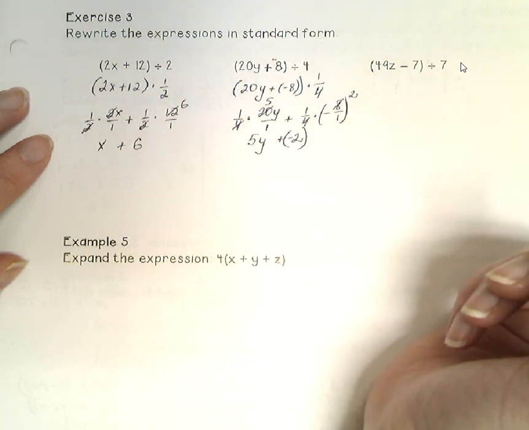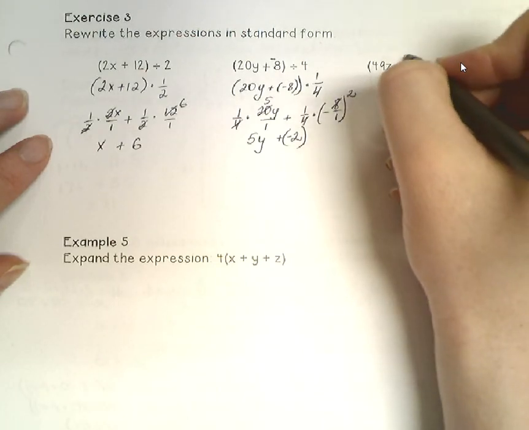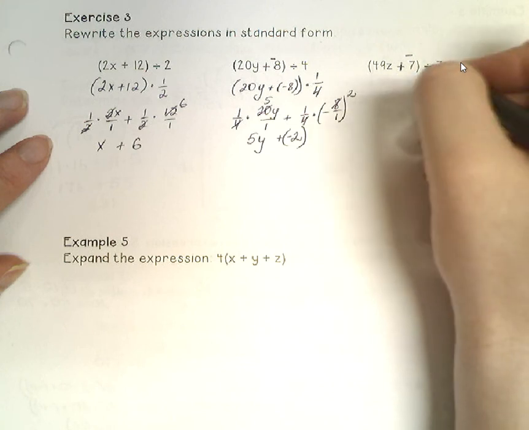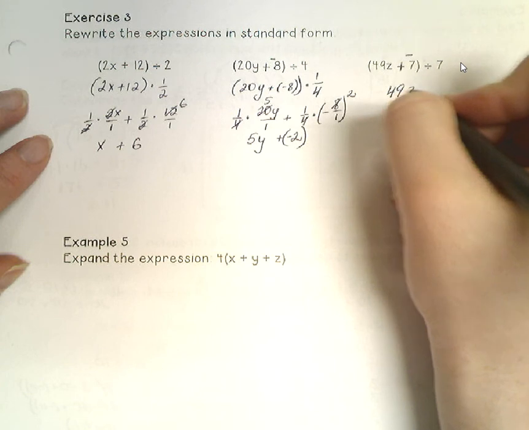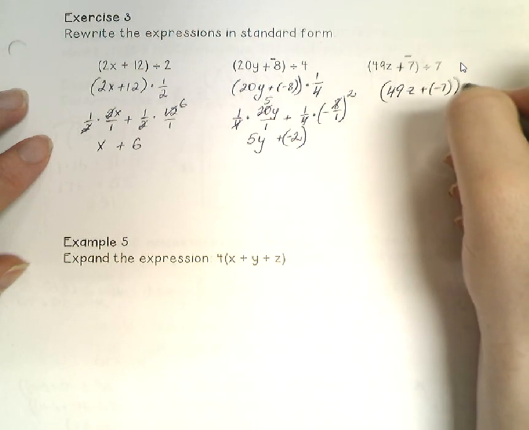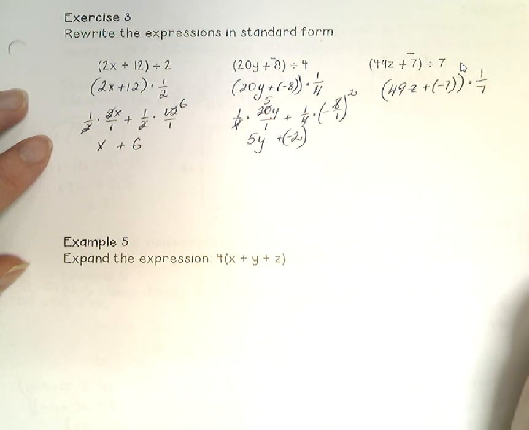Okay, and the last one here, again, first change subtraction into additive inverse, and then we are going to change division into multiplicative inverse. So I will have 49z plus negative 7, both in parentheses, multiplied by the multiplicative inverse of 7, which is 1/7.